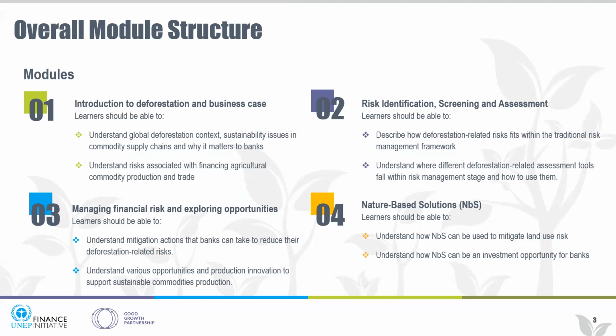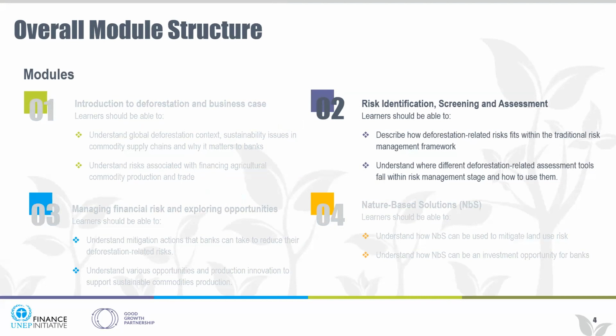So we're going to be delving a bit more into the three lenses that we talked about last week. We're going to commence with the reputational risk lens, followed by the legal lens, and then finally the financial risk lens.